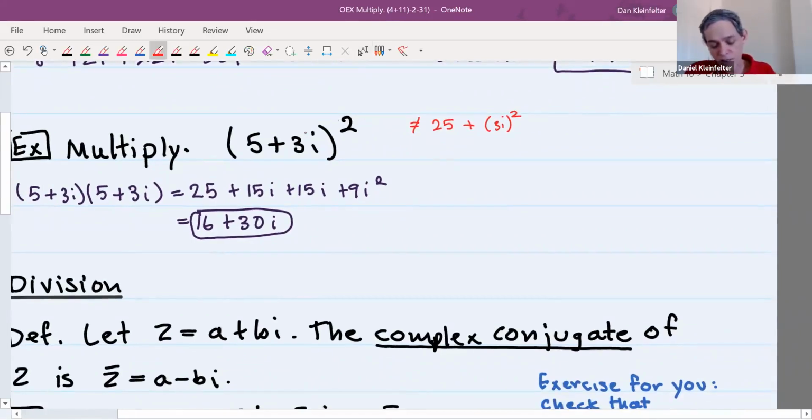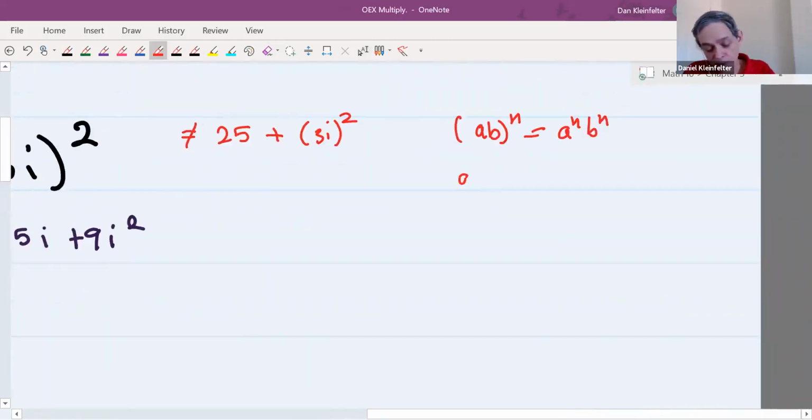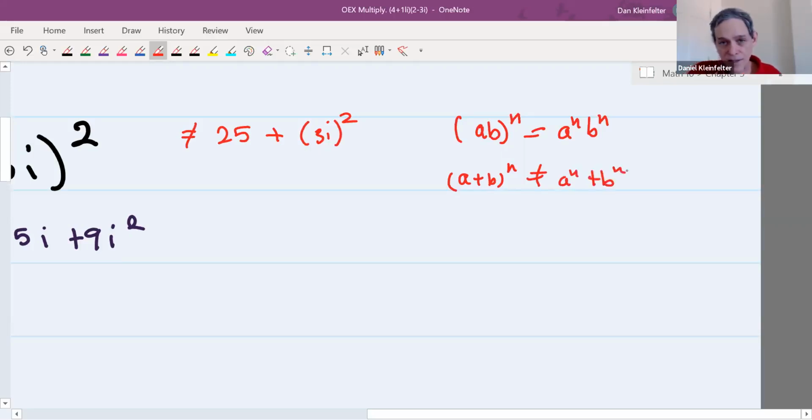You can't just go through and distribute the exponents. It's true that there is an exponent rule that says if you have a product raised to a power, you can raise both of the factors to a power. But if you have a sum raised to a power, in general, that's not the same as raising each of the add-ins to a power.